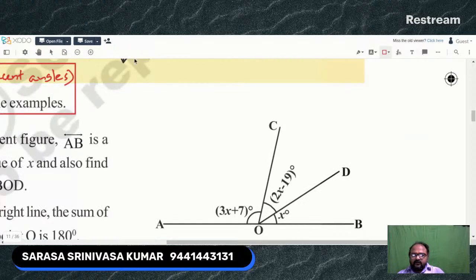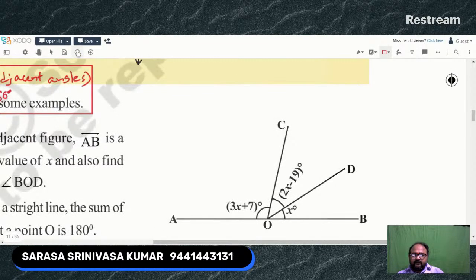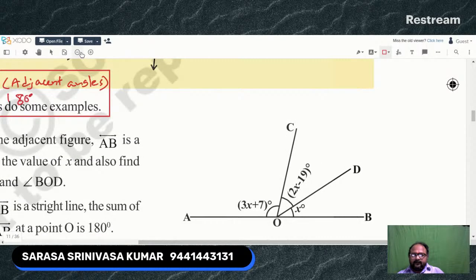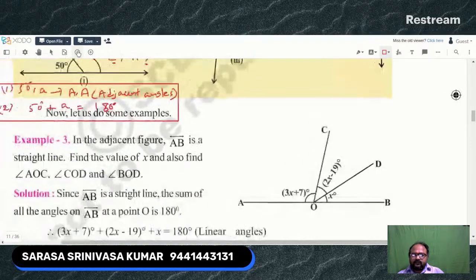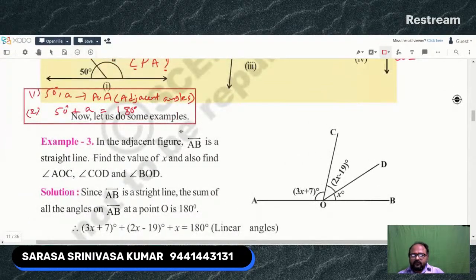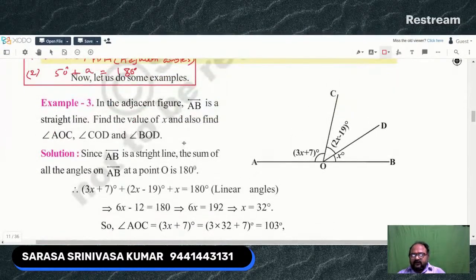Dear students, we can consider some more problems in this model. Now let us observe the diagram. Here a straight line AB is given.